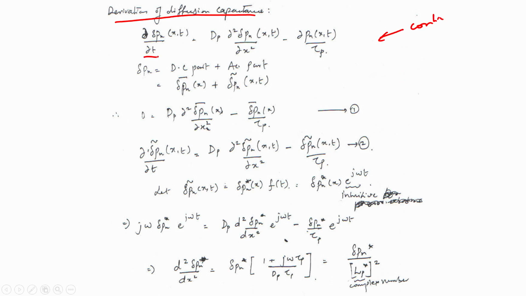So we are no longer interested in steady state, where we could simply say that this component was equal to delta Pn by tau p and just get away with it.